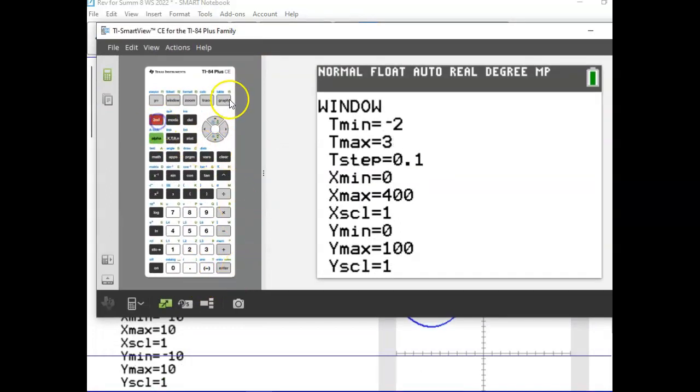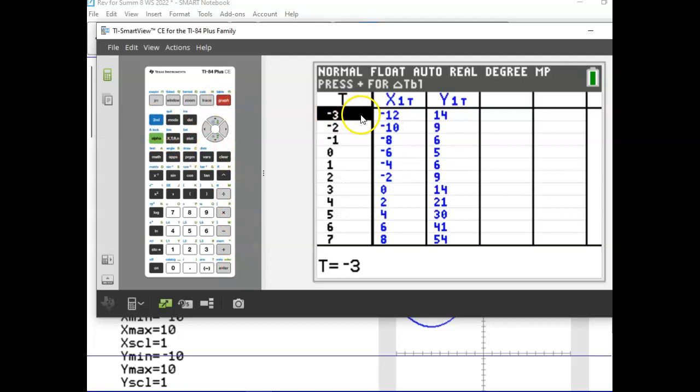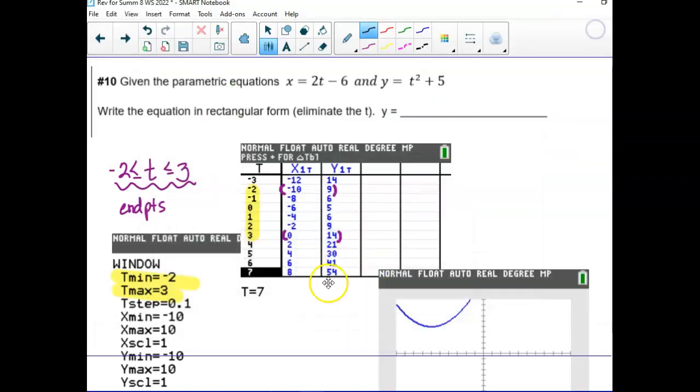Then you would go to the table and figure out what your x and y would need to be. But remember, it has an endpoint at -2, and that was -10.9. And it has an endpoint when t is 3, and that was at 0.14. Does this sound familiar?